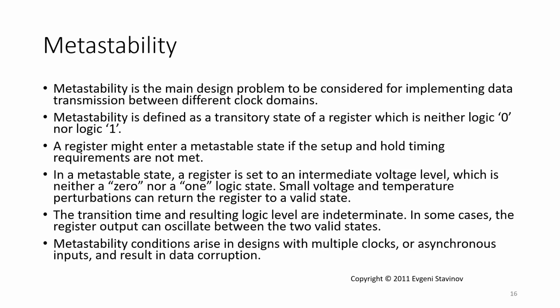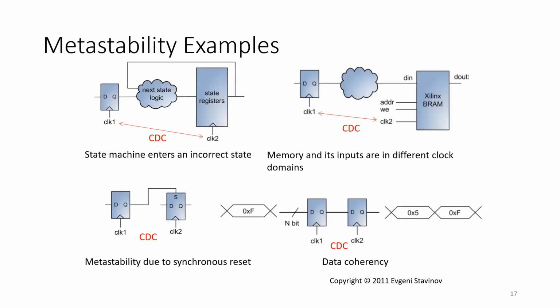It is something in between, trying to travel to 1, but it hasn't reached 1 when we are at the rising edge. So this is called metastability. Metastability may give you an error message or error data. Those are metastability examples.